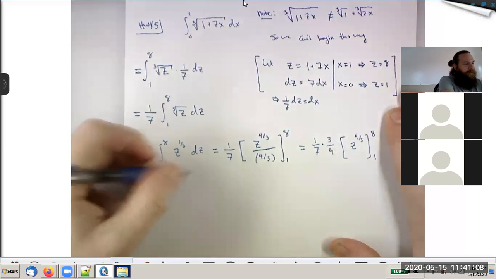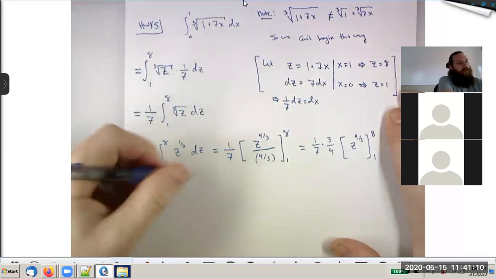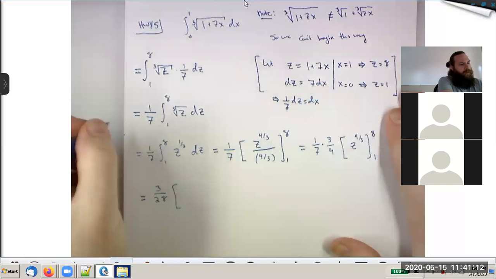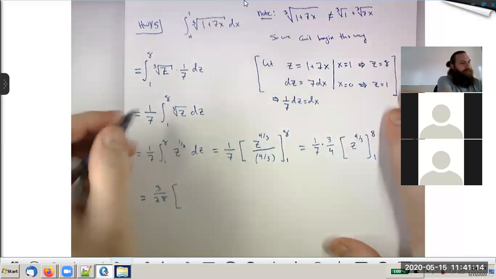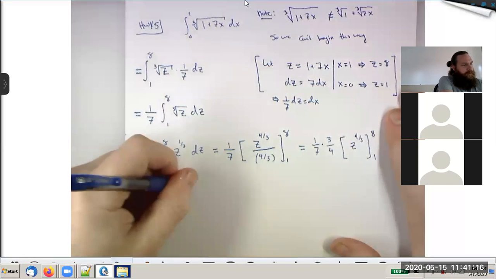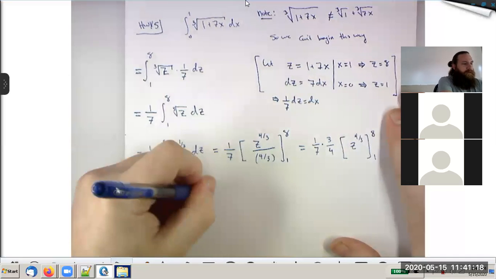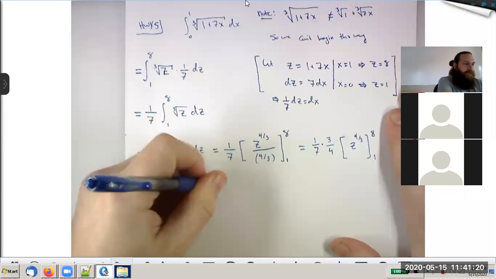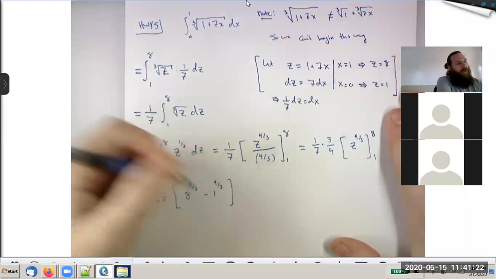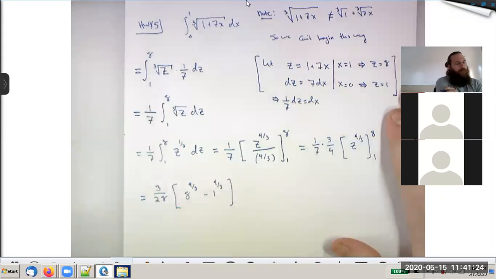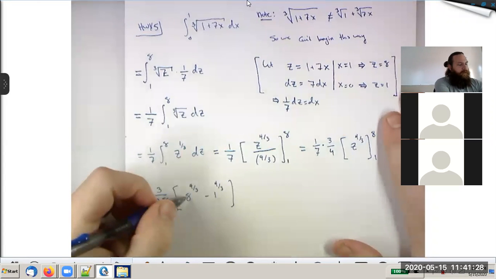3/28. And then when I evaluate z to the 4/3 between 8 and 1, this is 8 to the 4/3 minus 1 to the 4/3. 1 to the 4/3 is just 1, but 8 to the 4/3 we can clean up. That's the cube root of 8 raised to the power of 4.